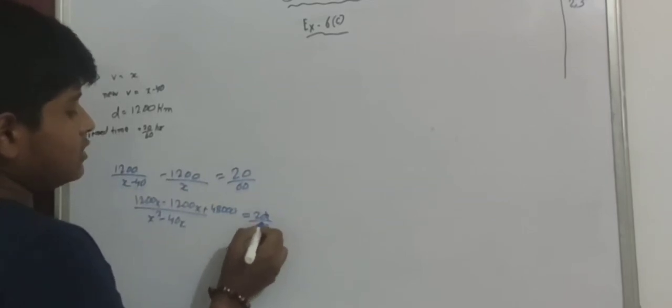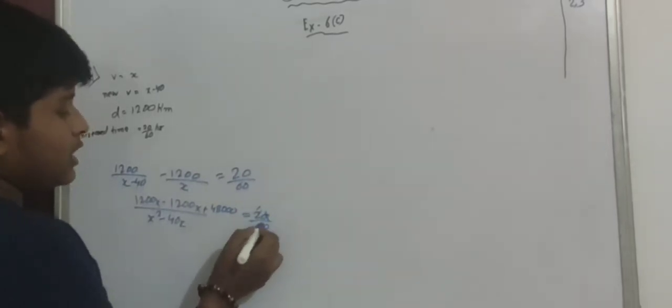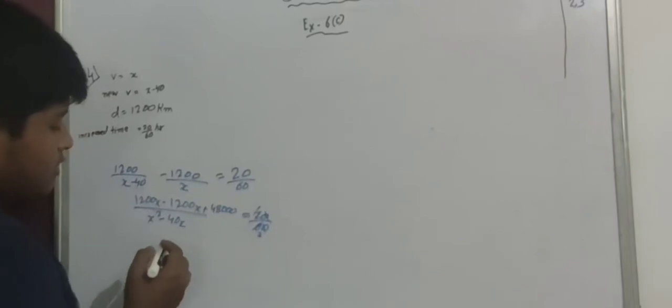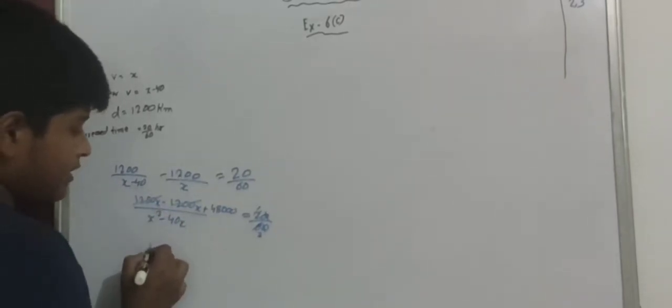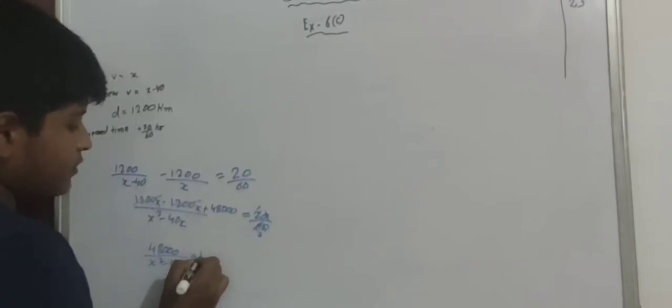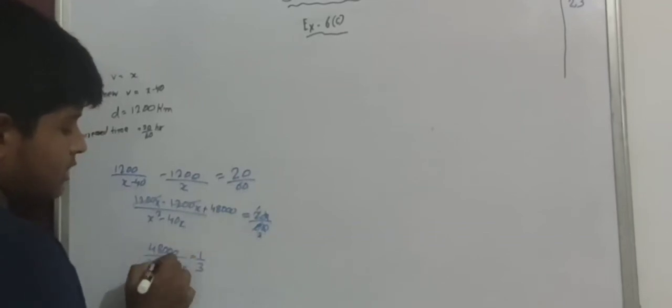This 0 will cancel, 2 1s are 2, 2 3s are 6. And here this will get cancelled because minus and plus. So now we are left with 48000 divided by x square minus 40x equals 1 by 3. Now multiply this with this and this with this.